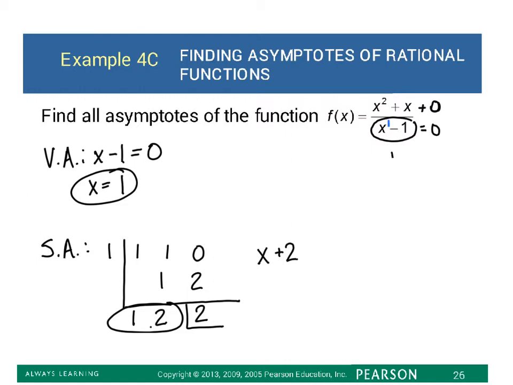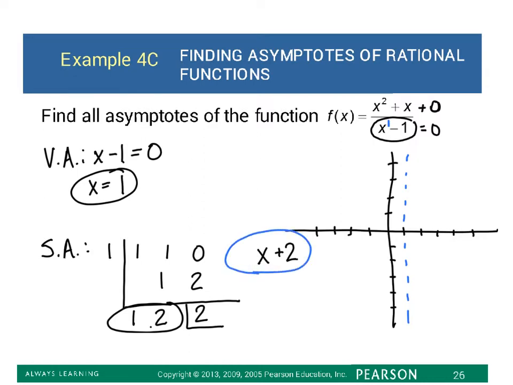So on our graph, we're going to have the vertical asymptote at x equals 1. Okay, at 1, we're going to have that vertical asymptote. And then we're going to have a slant asymptote at this equation right here, y equals x plus 2.